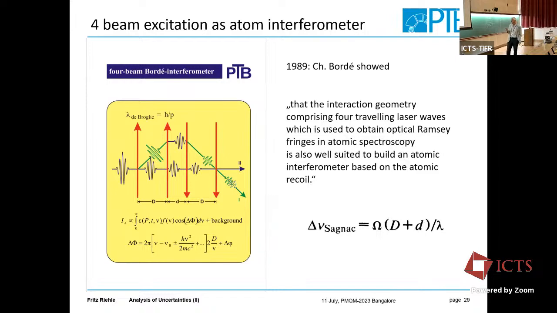Okay, but if you now rotate the whole system, if you rotate it clockwise, it means that this partial wave first comes here and this partial wave will be delayed here. Now this clearly gives a shift of the interference pattern. This shift is well known in optical cases. There it's called the Sagnac shift.